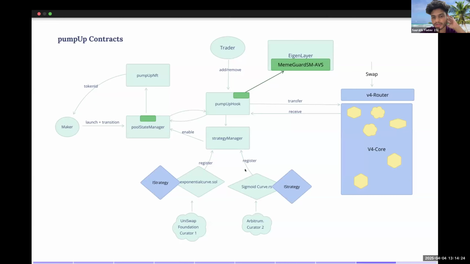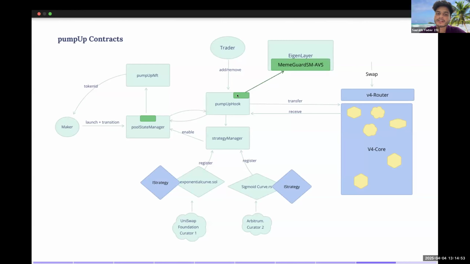Here you can see that all the custom curves need to follow an IStrategy, which is a common interface for registering to the strategy manager. And then there comes a Pump Up hook contract, where traders can add and remove liquidity and perform the swap logic. Also, there is an AVS which constantly monitors the tokens and the custom bonding curve performance and maintains a state on the MemeGuard service manager contract.